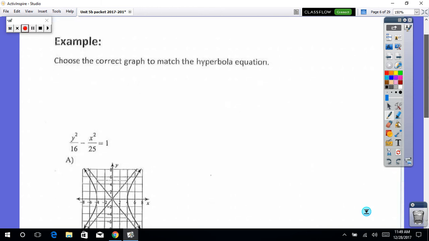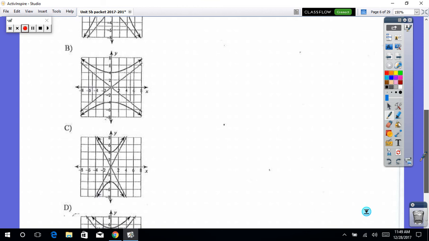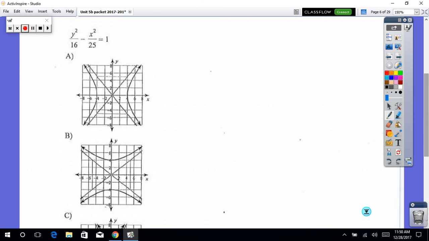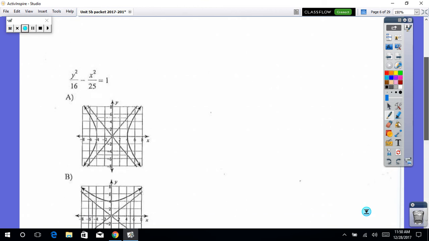Okay, these are perfect examples of test questions. Okay, the easiest way that we can ask a test question based on the graph of a hyperbola. Okay, a few things you need to notice, a few things that can easily help you eliminate answers. You notice the y squared is first, which makes it a y hyperbola. Okay, so we can eliminate this guy.